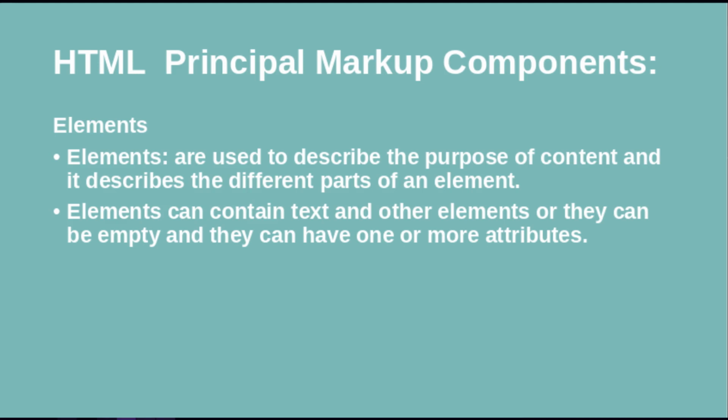Now, HTML has three principal markup components. Elements. As you know now, it describes the meaning of the content, and it describes the different parts of an element. You have seen that elements can contain text and other elements, or they can be empty, and they can have one or more attributes.